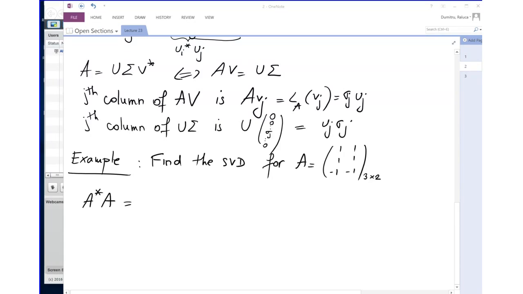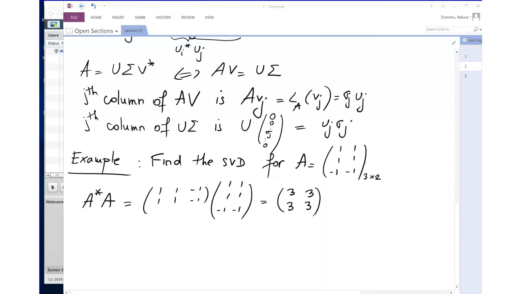So if I look at A star A, I just take the adjoint, multiplied by A. So I get a 2 by 3 times a 3 by 2, so it should give me a 2 by 2 matrix, which is 3, 3, 3, 3.